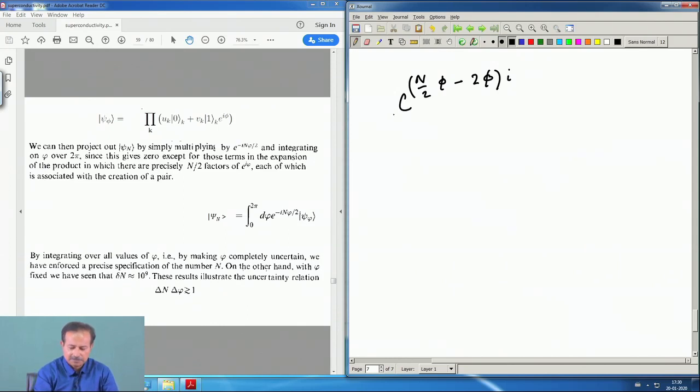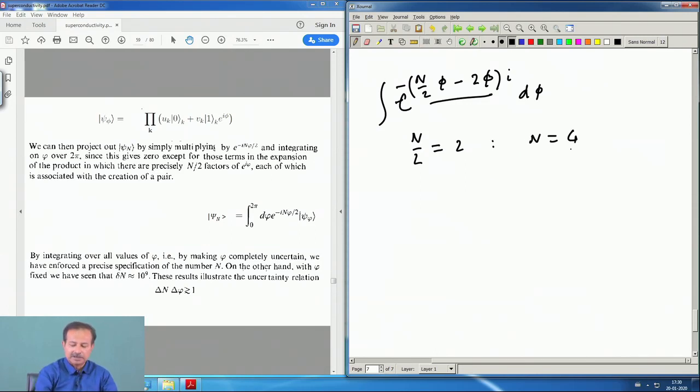And then we are integrating with respect to phi, d phi, and that will be just a delta function. That part will be non-zero when n by 2 equals 2, that means n equals 4.